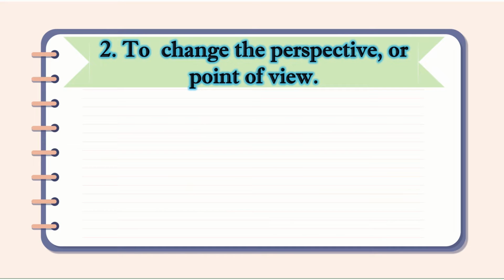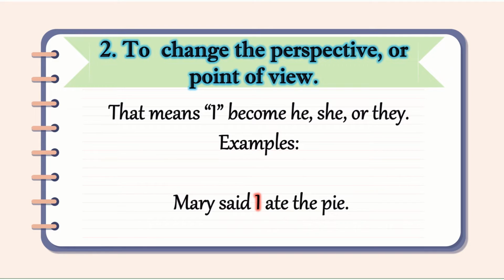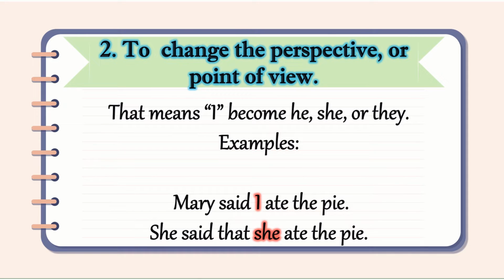Second one, change the perspective or point of view. That means I becomes he, she, or they. Example: Mary said, I ate the pie. This is direct speech. So if you want it in reported speech, you have to say, she said that she ate the pie.